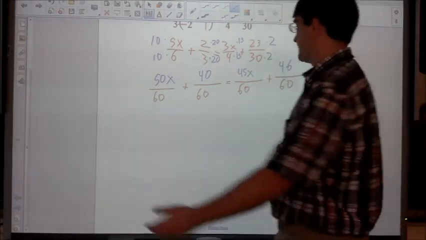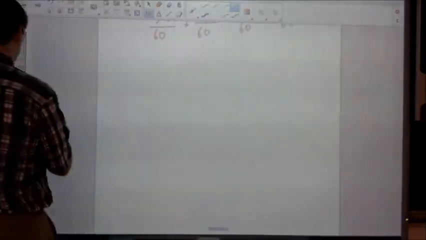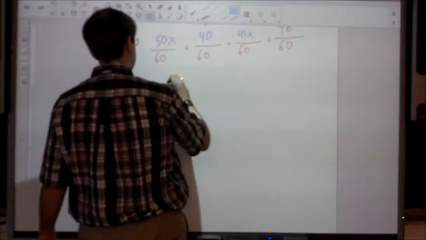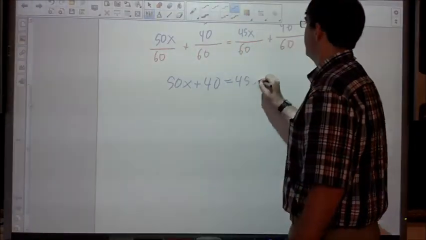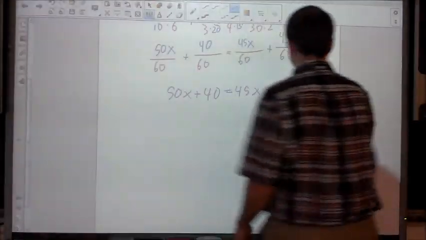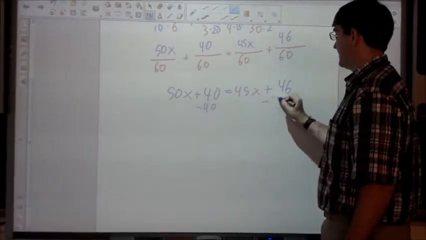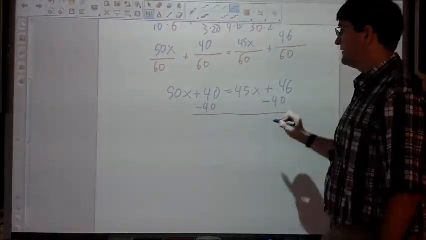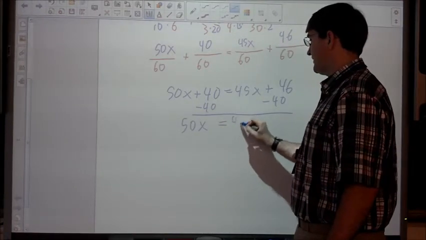And now, just like the previous example, I have everything in terms of the same denominator, so I'm just going to clear the denominators. And I have 50x plus 40 equals 45x plus 46. And now again, it's a simple problem. Minus the 40 from both sides, or add the negative 40, depending on your teacher and what they've been talking about.